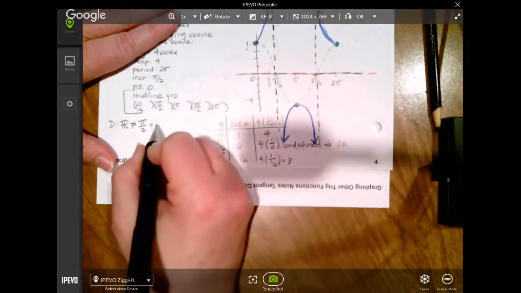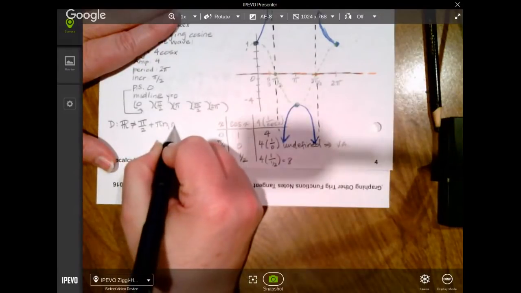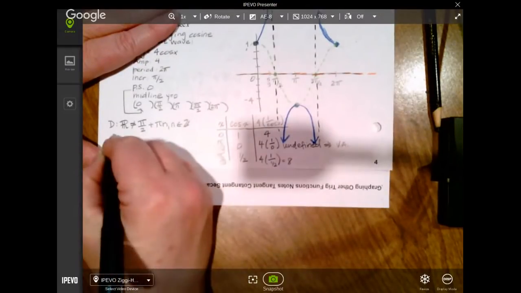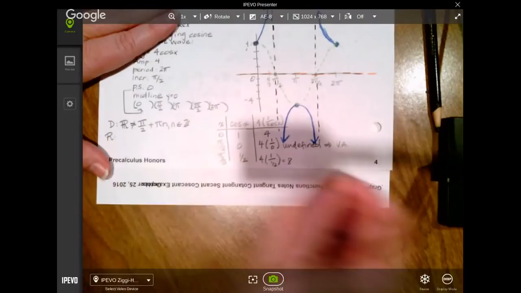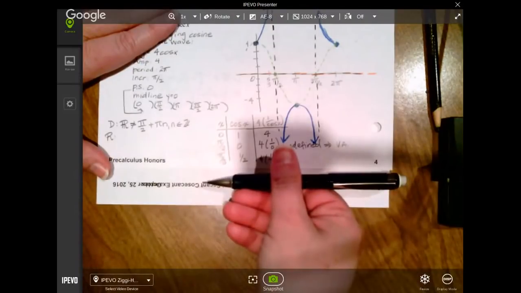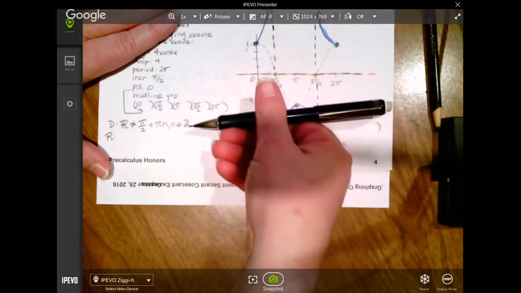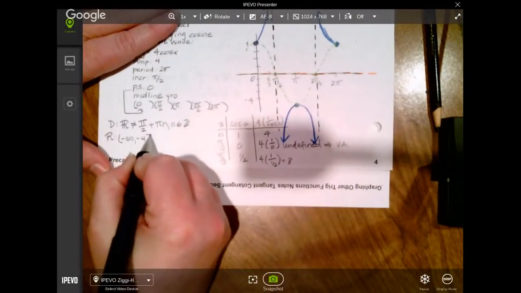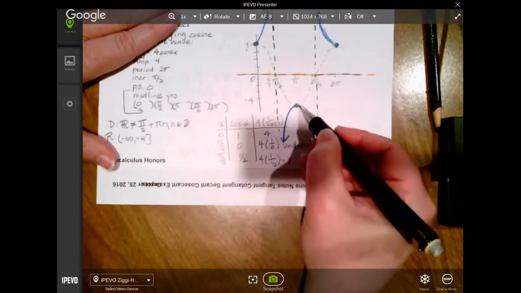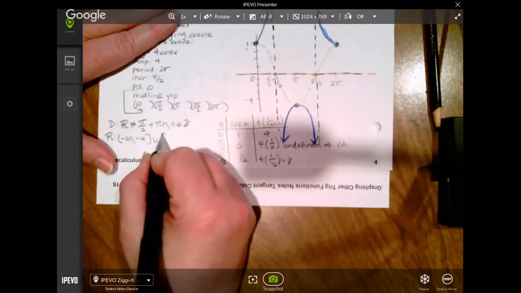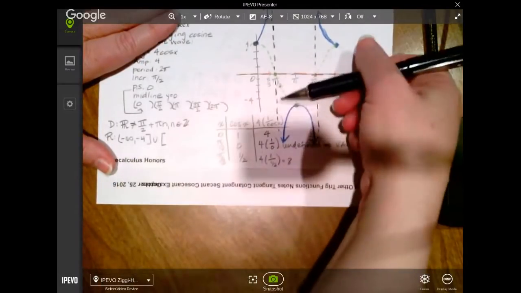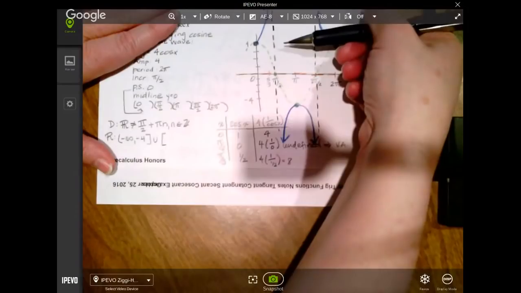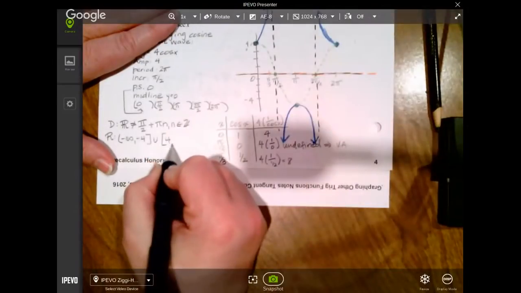They're pi apart, so this would be pi n, where n is an element of the integer set. And the range is a little bit different. The range goes from negative infinity to -4, with a bracket because we have a point at -4. Union bracket, and then we don't have another y value until we get to 4 to infinity.